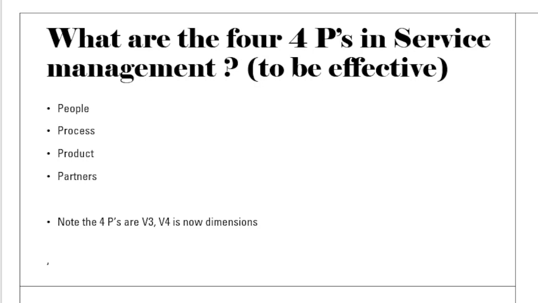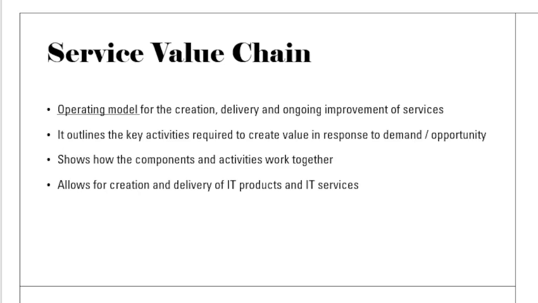These are version 3 of ITIL terminology, the 4 Ps, and that's now changed in version 4 of ITIL into dimensions. But if people talk about the 4 Ps, it's consider people, consider the processes, consider the product, consider your partners, your third parties.